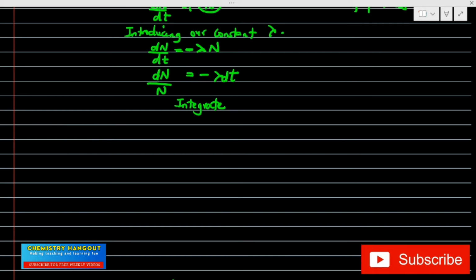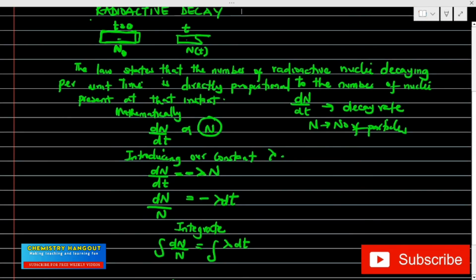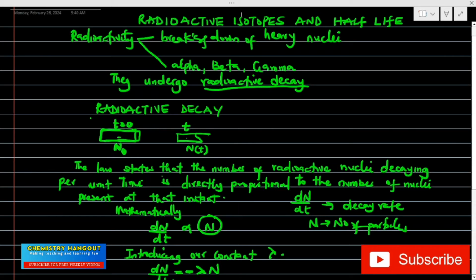So if I integrate this, I will have the integral of dN over N is equal to the integral of lambda dt. So what is the limit? Let's go back. Look at this place. My N naught, the limit here is that I have my N naught to my t naught, that's time. Then I have my N to my t.